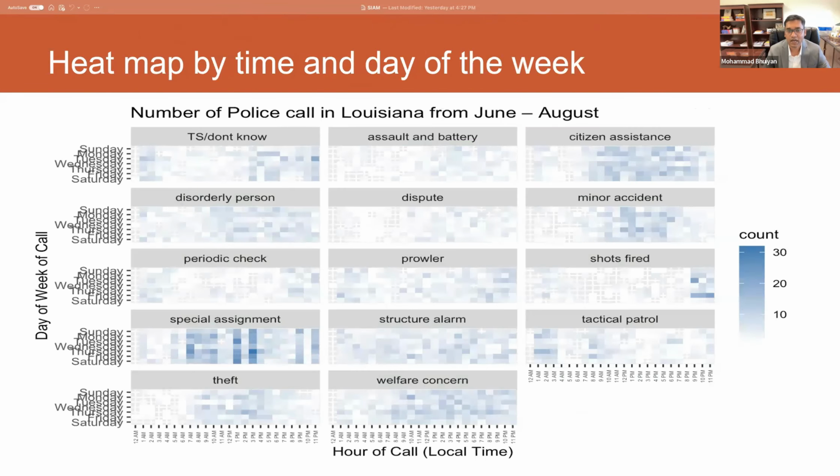This is another calendar heat map. It shows different kinds of calls and what time they got those calls. If you look at special assignment, you can see most of them are actually between 1 p.m. and 3 p.m. all over the week.